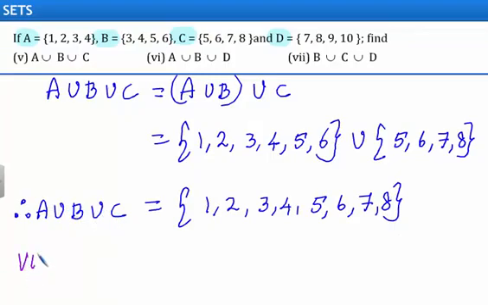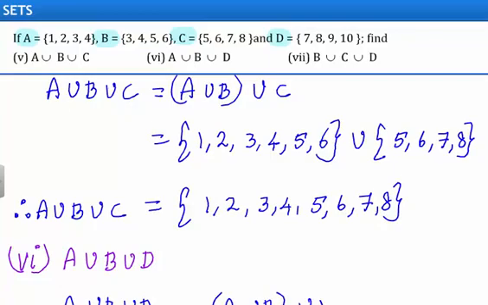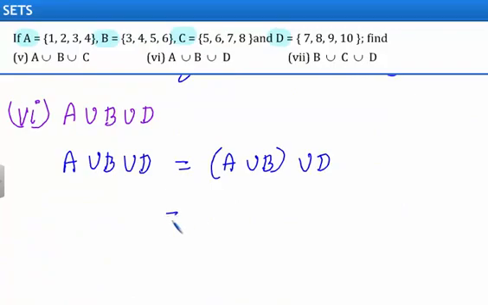Next we need to find A union B union D. A union B union D can be written as A union B union D. We have already found A union B. It is the set of first 6 natural numbers.